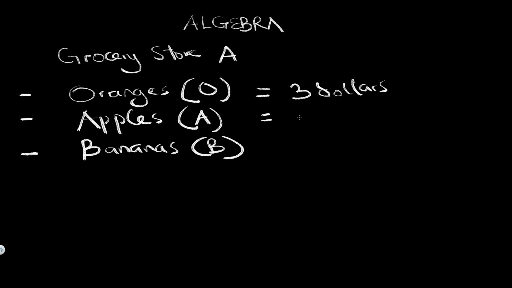For apples, it goes for say $2 per pack. Let's just put it at $2. And then for bananas, you have say $4.